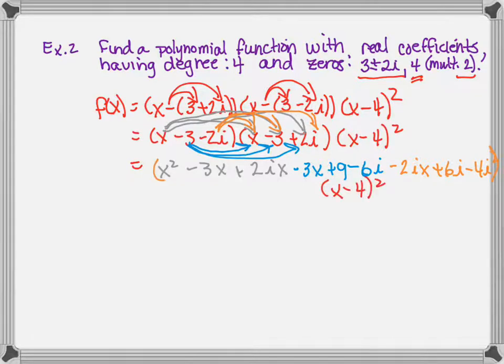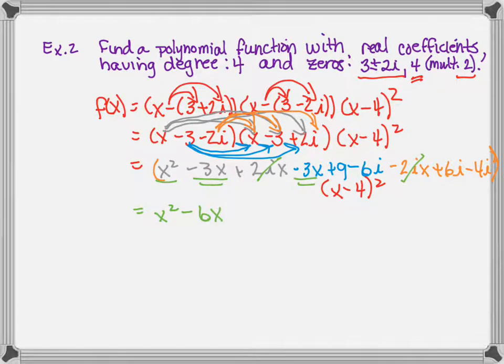And then that's one big factor, which I can simplify in a moment, and I'm still multiplying by (x minus 4) squared. So in that first big parentheses where I did the 9 multiplications, let's see what we can simplify. I have one x squared term, so I just have x squared. I have negative 3x and another negative 3x, so minus 6x.